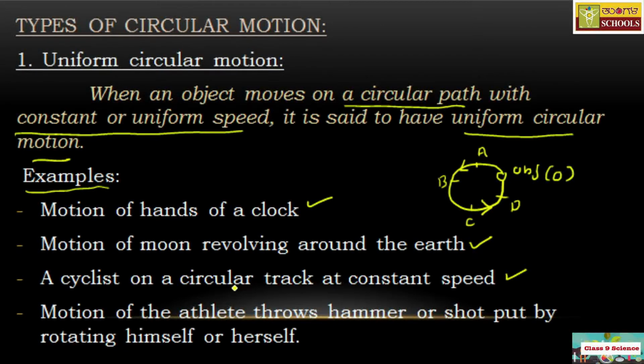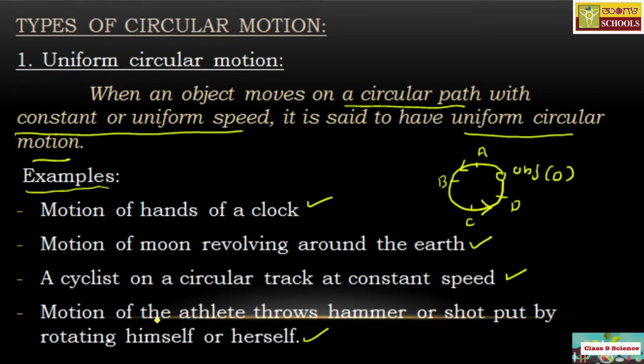Similarly, an athlete throwing a hammer or shot put by rotating himself: if he is not maintaining constant speed, then that is also an example of non-uniform circular motion.